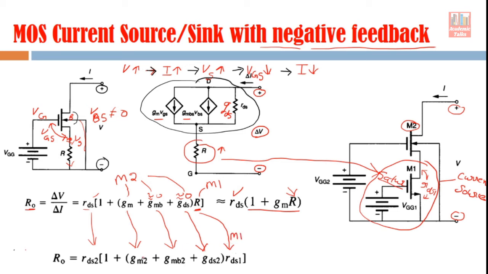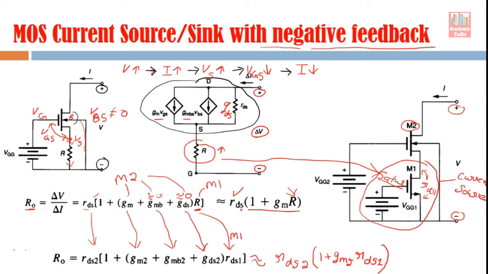So that way you can see that the output resistance will be given by this equation, and if you further simplify it, you can rewrite it like this also: RDS2 times bracket 1 plus GM2 into RDS1, right.